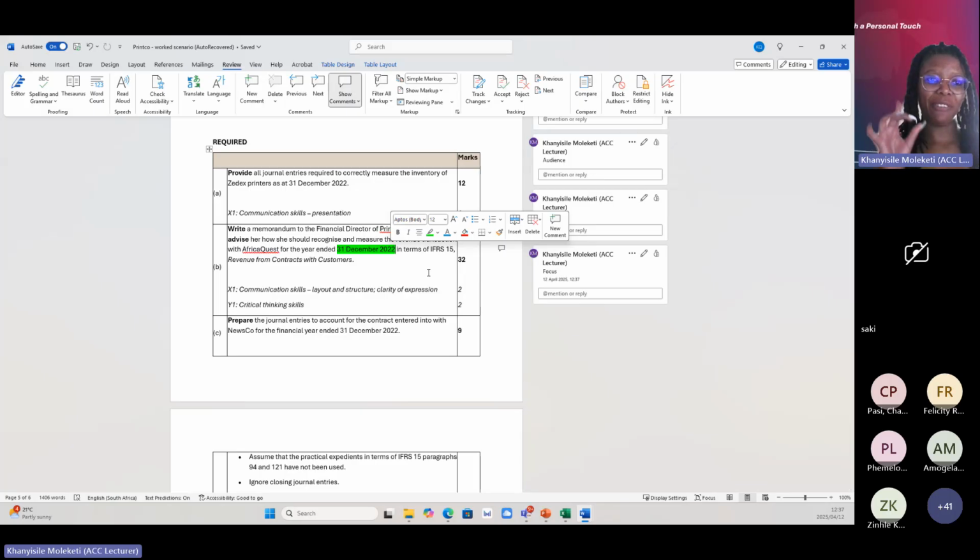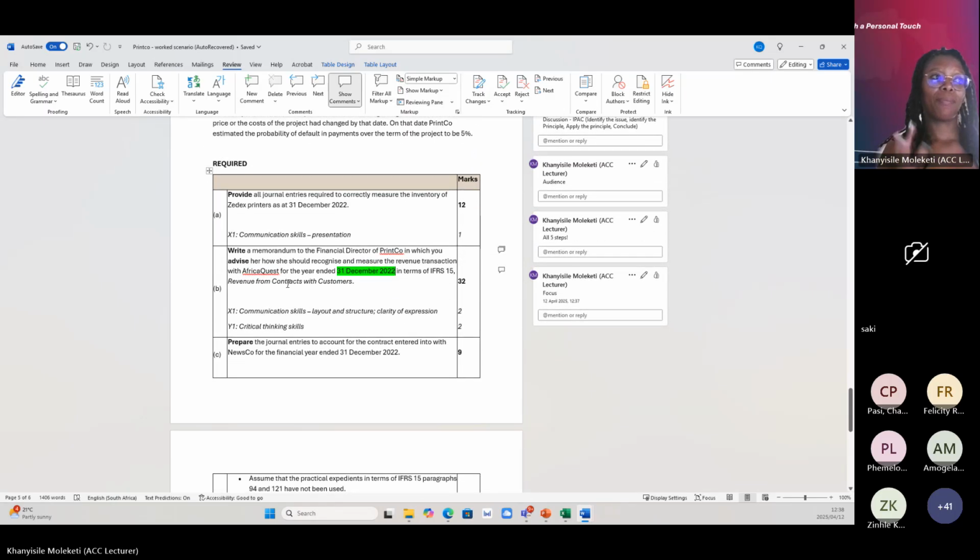And that's a very key word, affect this year. Not just what happened this year, but affect this year. Because sometimes the transaction could have happened in the prior year or been initiated in the prior year, but still has an effect in the current year. It's very key to be able to assess which transactions affect the year that we're being asked to provide the information on. Okay? And that's that. In this one, there's no exclusions, there's no additions. We know we need to write a memorandum on all 5 steps of the revenue recognition model.